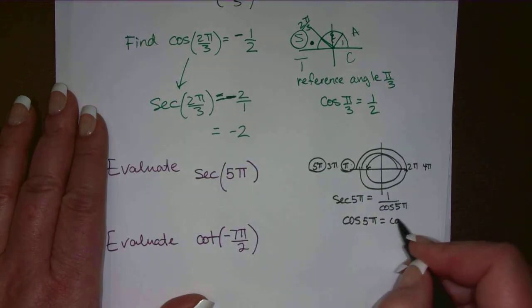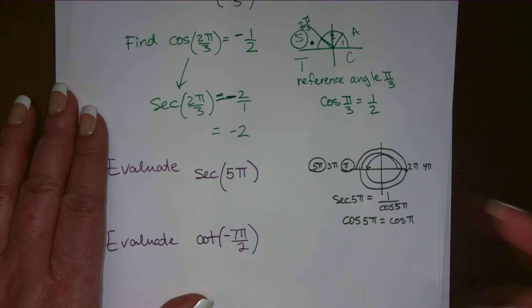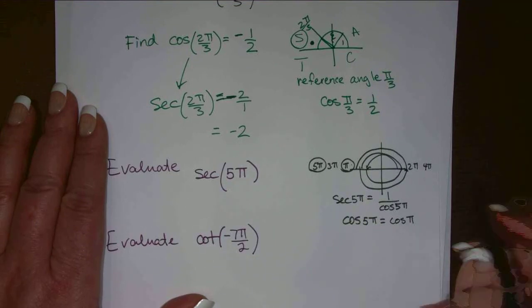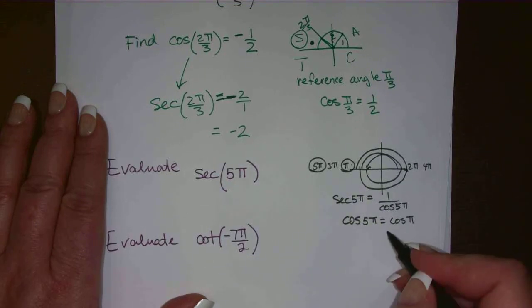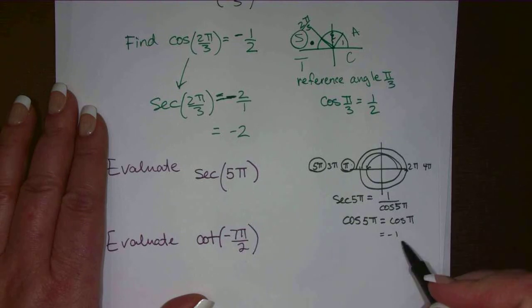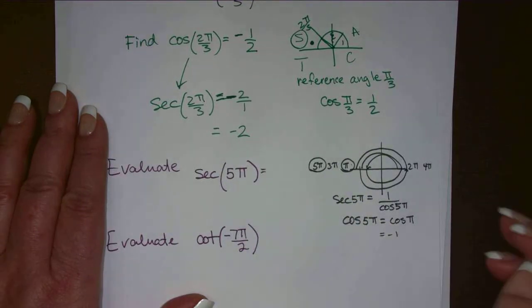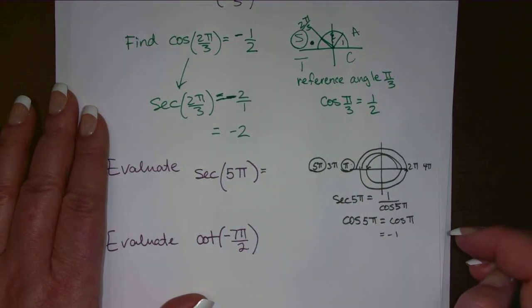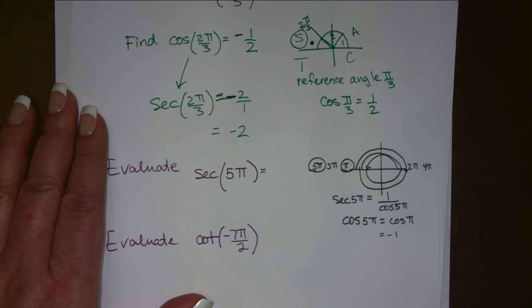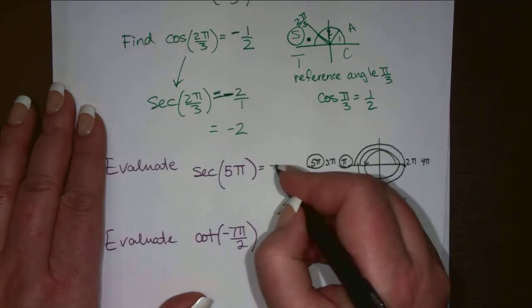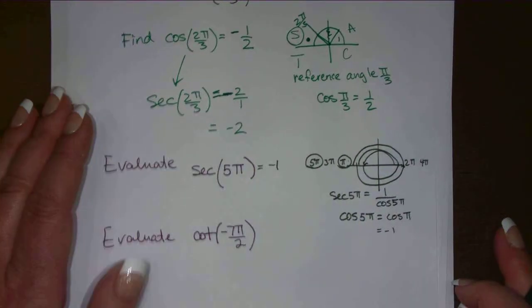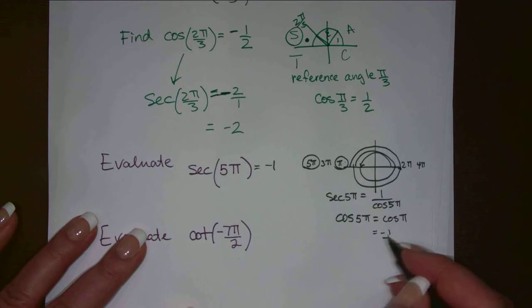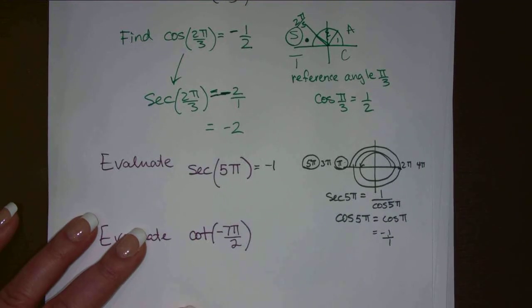What's cos of pi on your sheet? -1. So we would flip that over, still negative 1, right? 1 over 1, still negative 1. It's a reciprocal. This is 1 over 1, flip it over, it's still 1 over 1. Okay. What about this one?